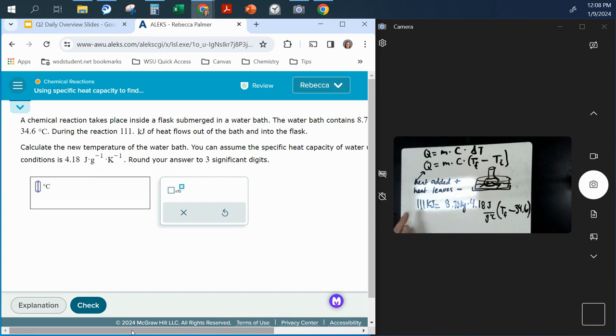So what does that mean? Should that be positive or negative? It's heating the flask, but we're looking for the water bath, so it's negative. Good. And then this is just an algebra problem. I have these three numbers multiplied together, so I'm going to divide off the first two numbers.